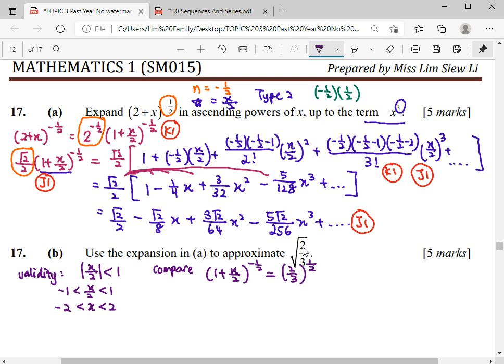How do I make the powers the same? I can inverse it. When I inverse it, 3 over 2 will be to the power negative half. So now that the powers are the same, 1 plus x over 2 should equal 3 over 2. So x over 2 should be 1 over 2, which means the x I need to substitute here is 1. Is this x valid? We refer back to our validity. Yes, this x can be used safely because it is in between negative 2 and 2, so this x can be substituted in our expansion.